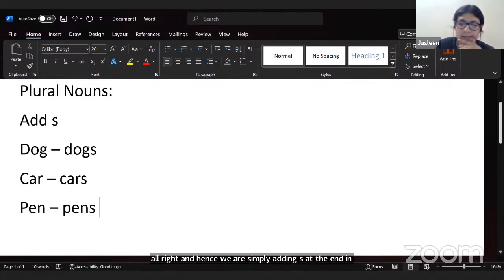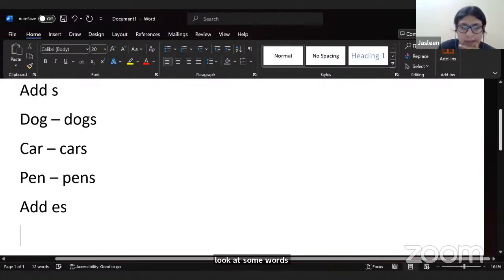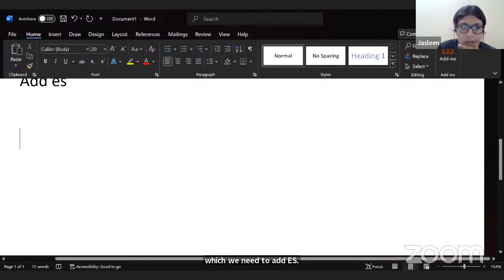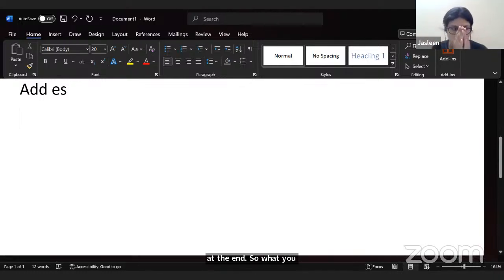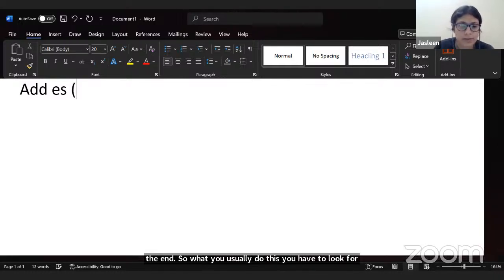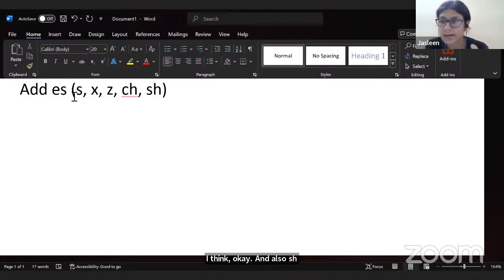Now let us look at some words for which we need to add ES at the end. Remember, whenever you have to add ES, you have to look for the letters S, X, Z, CH, and also SH at the end.